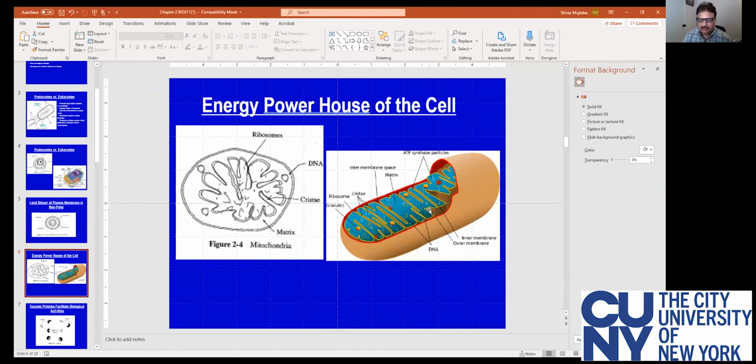So two different cellular bodies came together, and mitochondria became part of the cell to generate ATP. In this structure, this bluish part is called the matrix, and these folded structures are called cristae. Mitochondria also has its own ribosomes, and that helps in the generation of ATP.